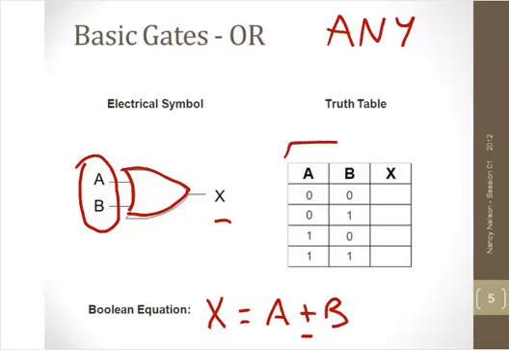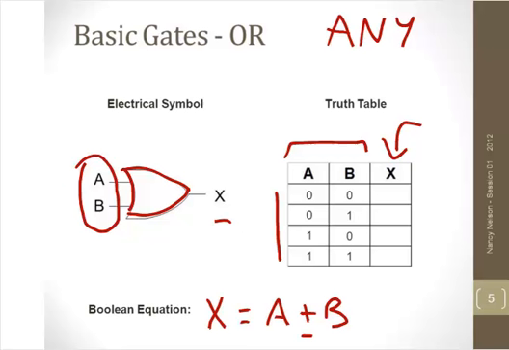Our truth table here has to account for our two inputs, A and B, and all four possible combinations of inputs. So when they're both low, when A is low and B is high, when A is high and B is low, and finally when they're both high. Our output is in this column here, labeled X, and we know that that output is going to be high when any of the inputs are high.